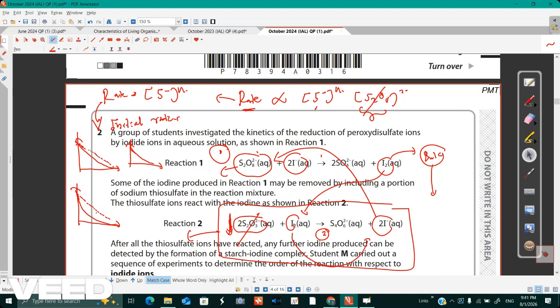But here, since the reaction is happening faster, the curve is not that steep. So even though we are measuring the average rate, we can assume the average rate and the initial rate are both the same.